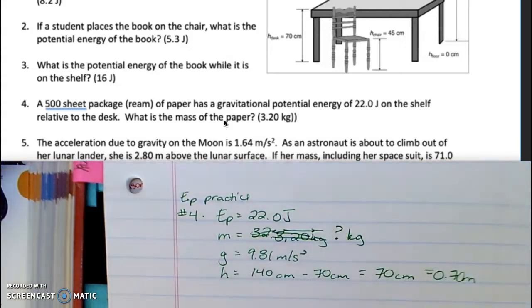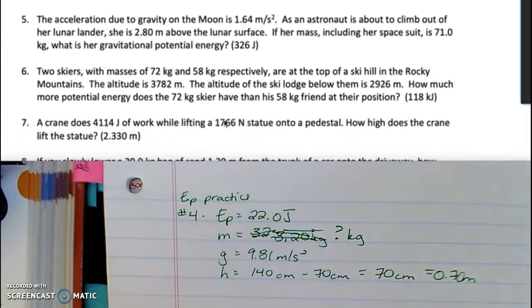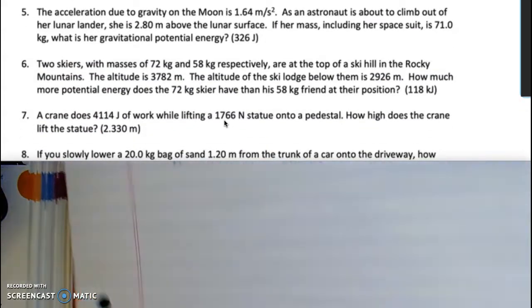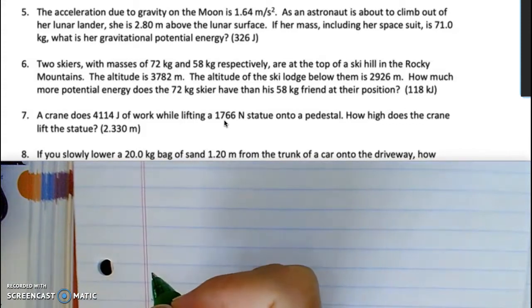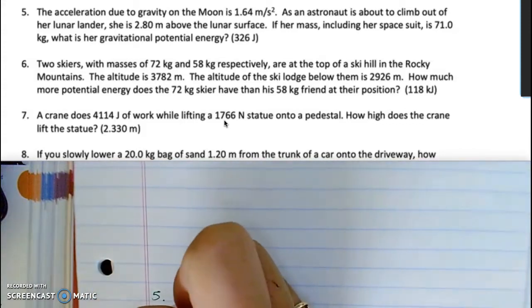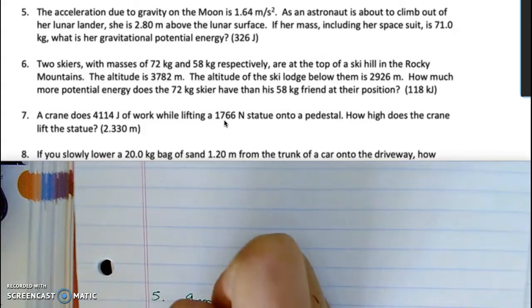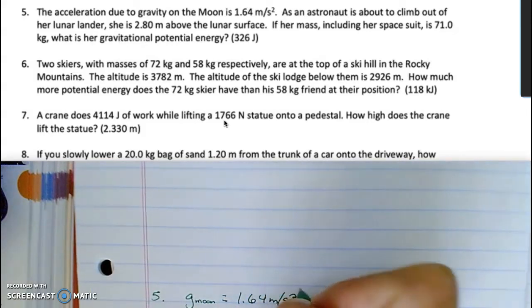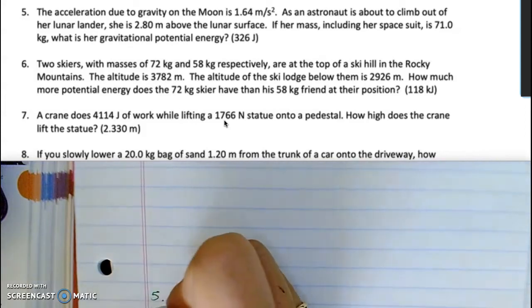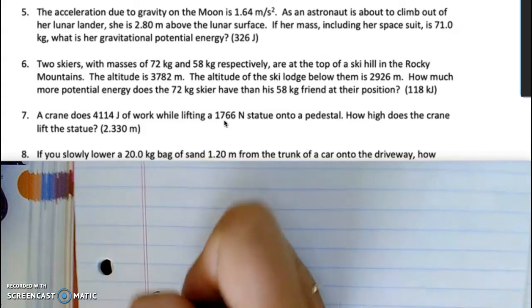Okay, and then let's do question 5. I've got a different acceleration due to gravity. That's fun. Okay, so the gravity on the moon, they're giving us as 1.64. Okay, and oh, good. Girl power, lunar lander, very nice.